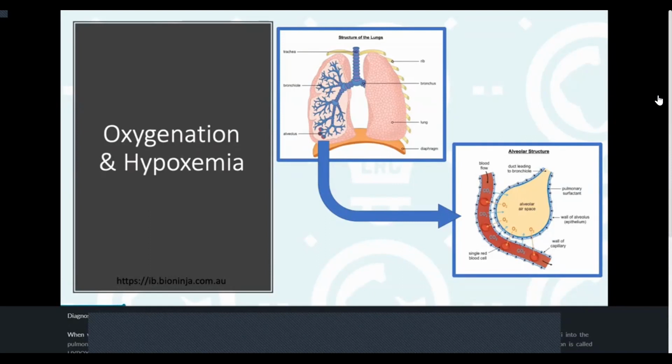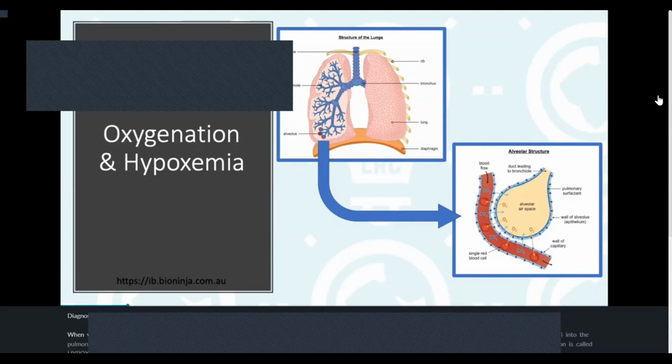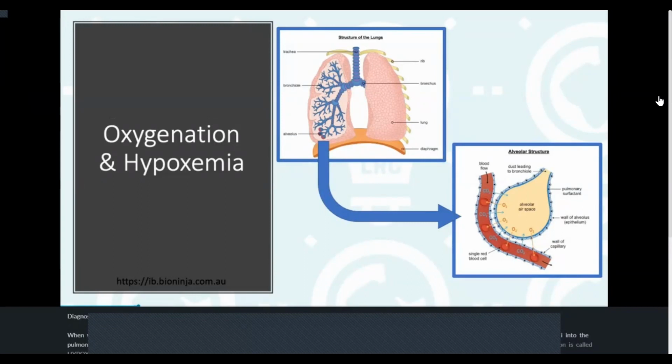When oxygen enters our lungs, it travels to the alveoli, where it diffuses from the alveoli into the pulmonary capillaries. Oxygen then either binds to hemoglobin within the red blood cells or diffuses into the plasma. This is called oxygenation. Insufficient oxygenation is called hypoxemia.